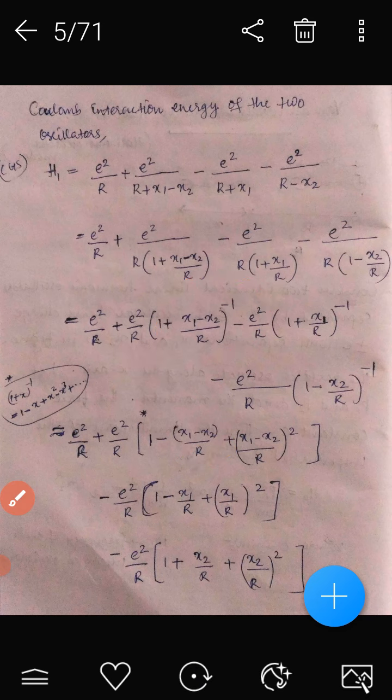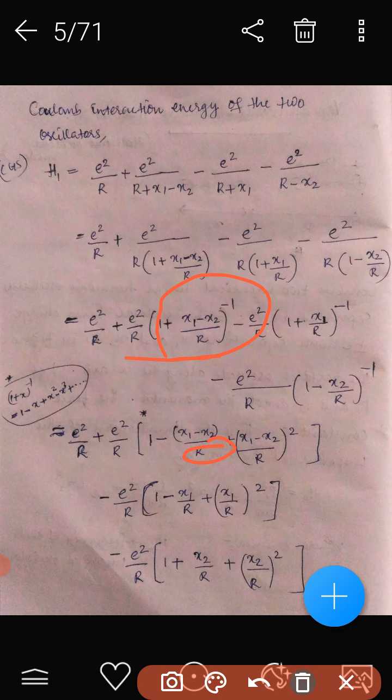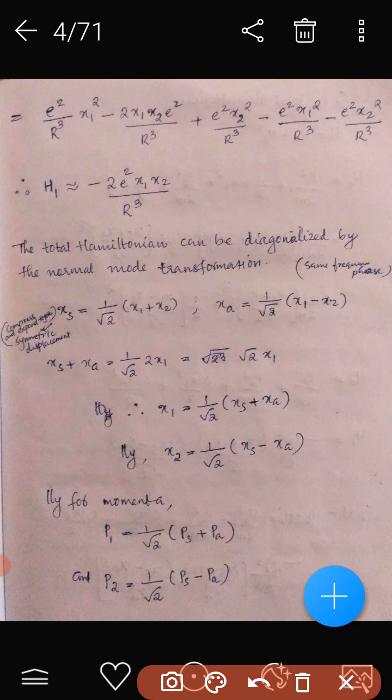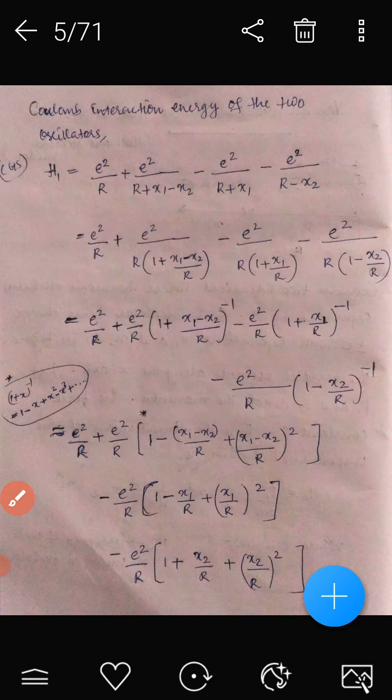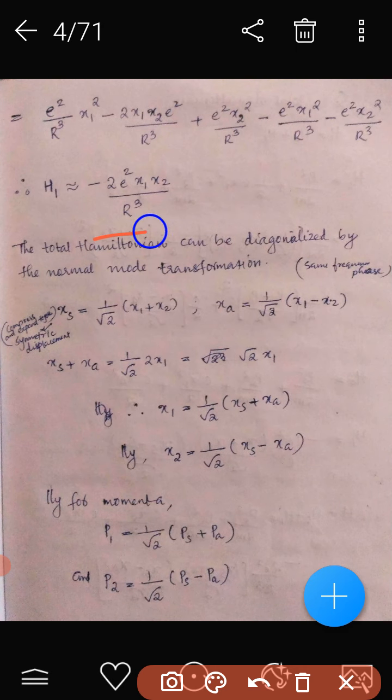I took up to square, and 1 plus x1 by r and 1 minus x2 by r are also expanded like this. Then H1, the Coulomb interaction energy between the two oscillators, is nearly equal to minus 2 e square x1 x2 by r cube.